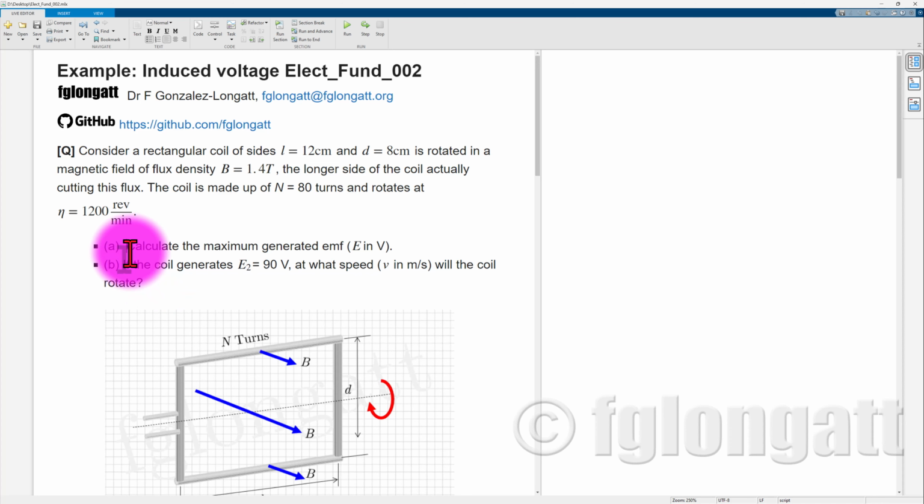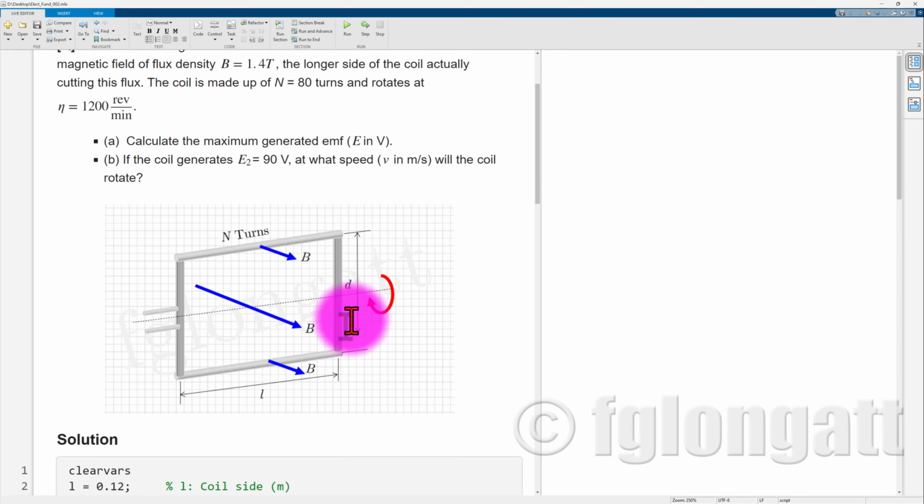Question A, calculate the maximum generated electromotive force in volts. And question B, if the coil generates 90 volts, what linear speed V in meters per second will the coil rotate at?